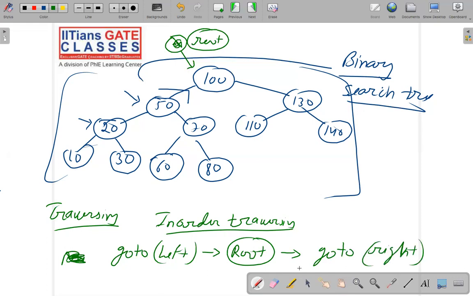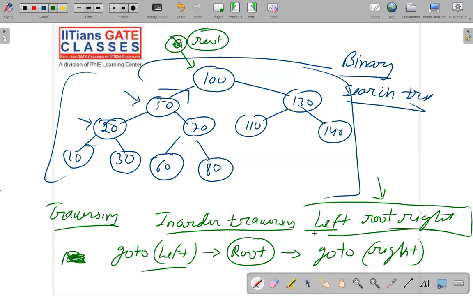So this is also called left, root, right. In order, you can consider that the root falls between left and right. Okay, so this is in order. So let's do the in-order traversing.